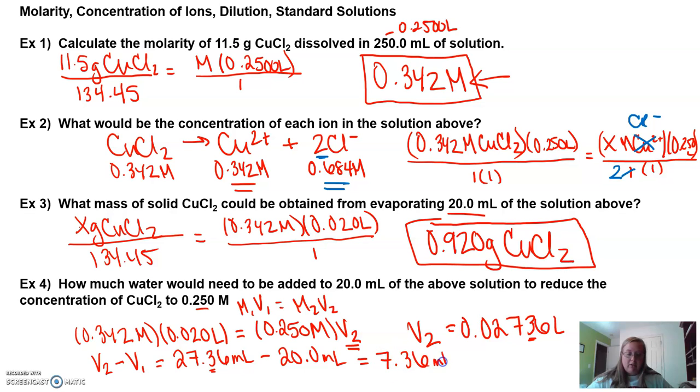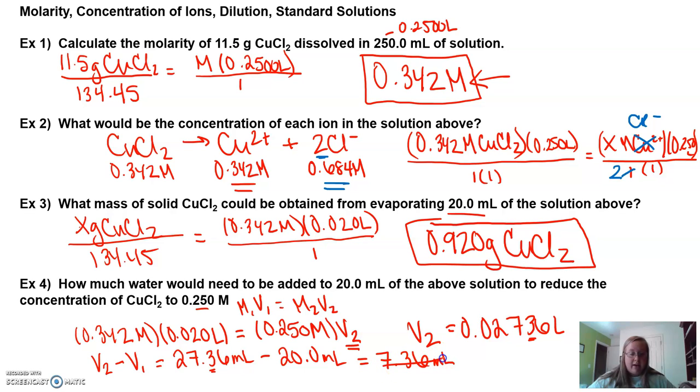Now, looking at sig figs, as a reminder, when you are subtracting or adding, you're going to look at the number of significant figures after the decimal point. And so 20.0 has 1 after the decimal point. And if we're looking at the 3 sig figs from the multiplication before, we're also looking at 1 number after the decimal point.